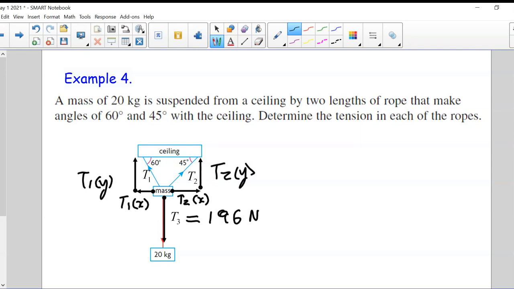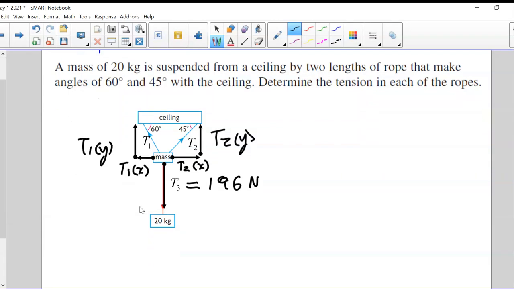So each of these vectors, the T1 and the T2, can be broken into x and y components, just as when we had the lawnmower in the very first question, just as when we had the people pulling the tug of war in one of the questions that we did already. When we have any vector, as long as it's not going strictly along the x-axis or strictly along the y-axis, it has two components, a vertical and a horizontal. So we're saying that the T2 and the T1 have both.